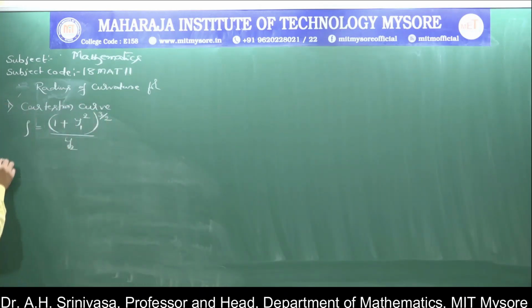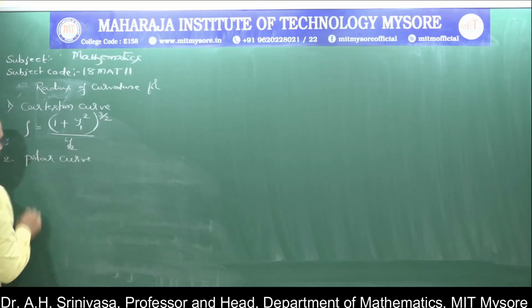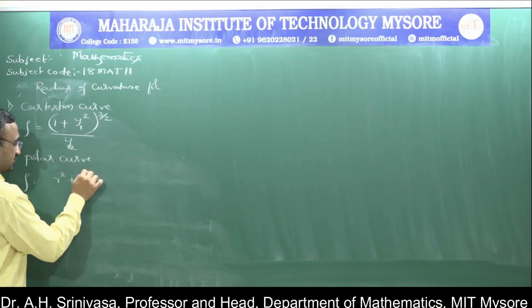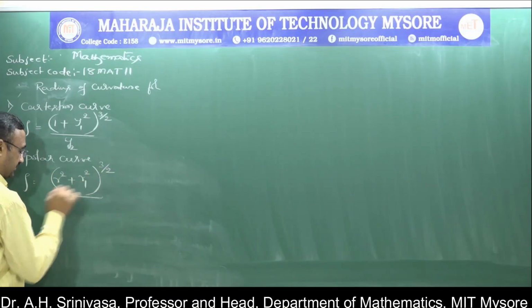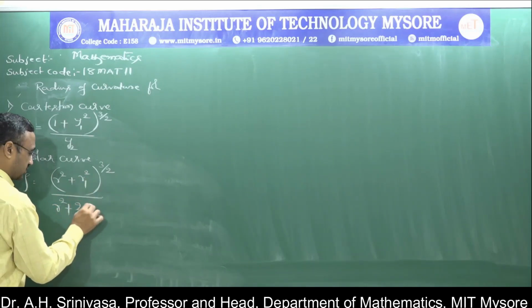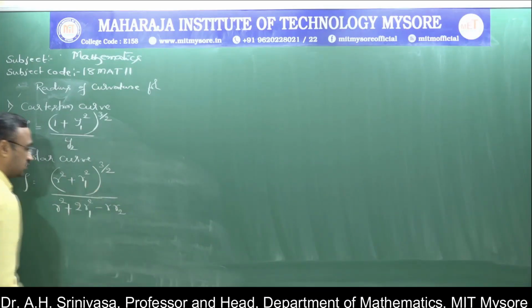And the second one, the polar curve. It is rho equal to r squared plus r1 squared, whole to the power 3 by 2, divided by r squared plus 2 times r1 squared minus r into r2.